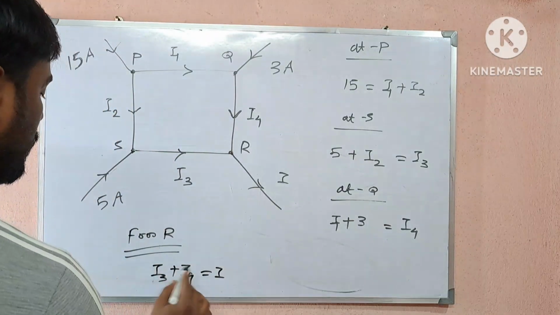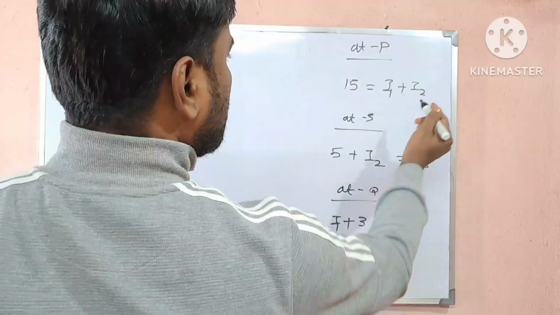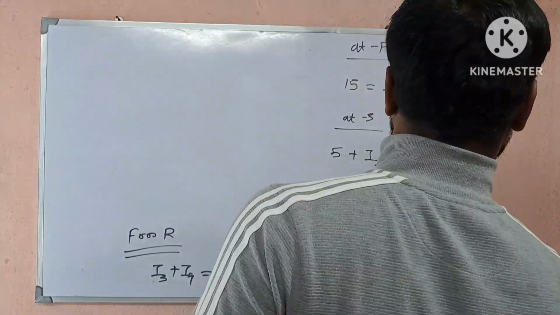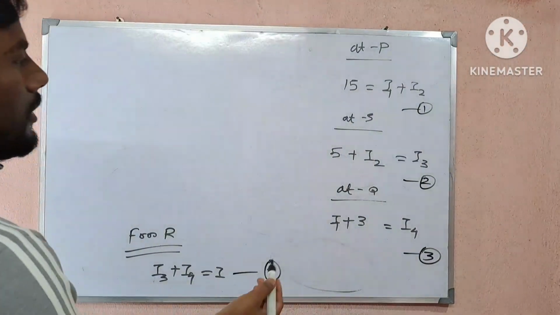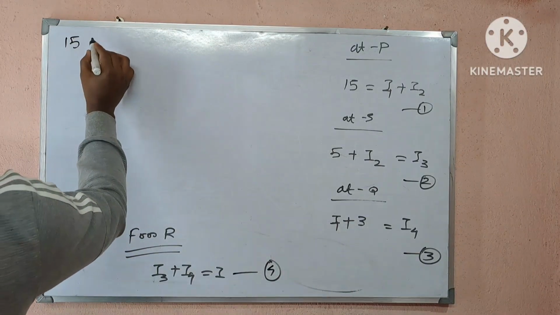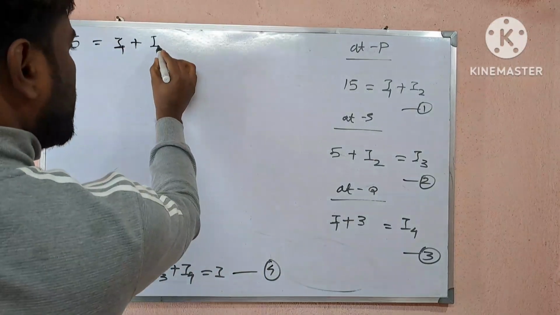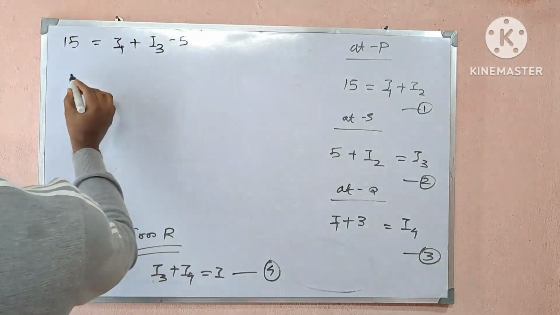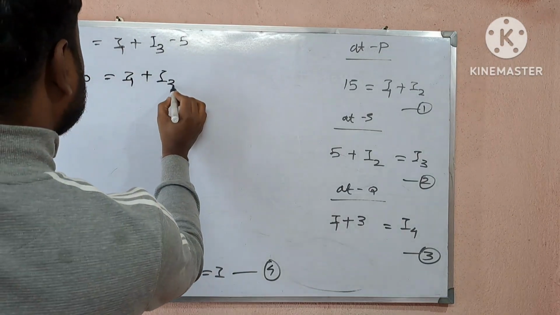So our task is to find I. We have to find I3 plus I4. Let's say this is equation 1, this is 2, this is 3, and that one is equation 4. So from 1 and 2, we can write 15 is equal to I1 plus, instead of I2, we can write I3 minus 5. So that value will be 20 equal to I1 plus I3.